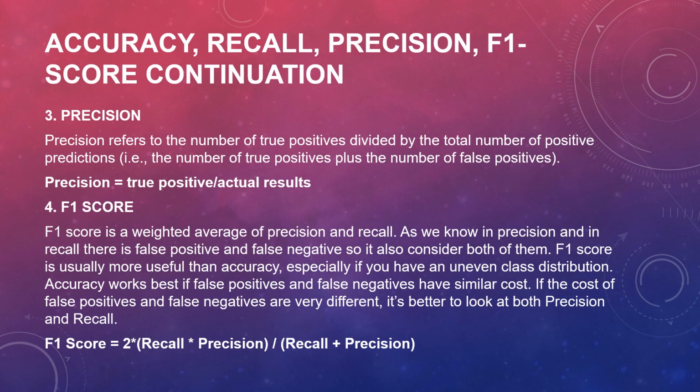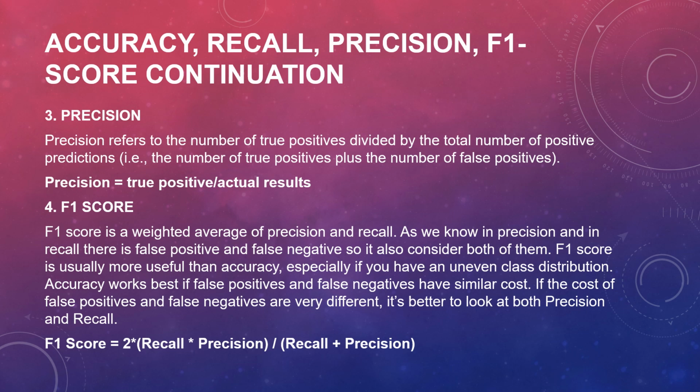This is the continuation. Precision refers to the number of true positives divided by the total number of positive predictions. The formula for precision is true positive divided by the predicted results. Then for F1, as we know, precision and recall involve false positives and false negatives, so F1 also considers both of them.